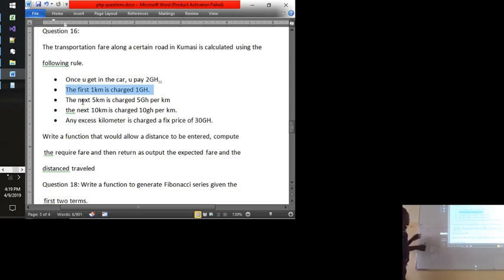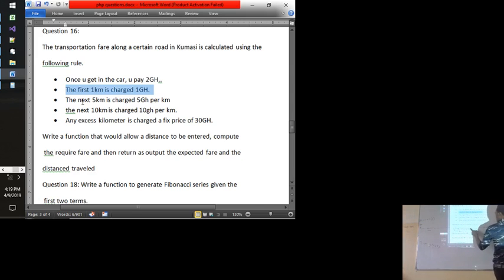These are the categories. Once you set foot in the car, you are paying 2 Ghana. Then the car will start. When it covers the first kilometer, you pay 1 cedi, right? The next 5 kilometers, you pay 5 each. So plus 5, 5. That's how many kilometers so far? 6. You've covered 6.